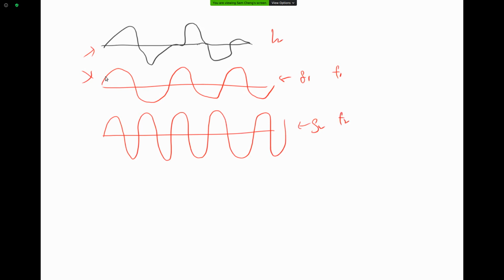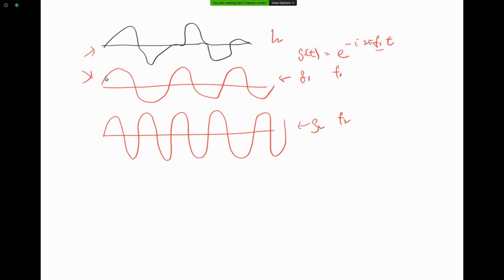Frequency f1 means that, if this is a continuous signal, then G1 is e to the minus i 2 pi f1 t, something like that. It's a sinusoidal signal, and then I change the frequency and have a different sinusoidal signal.